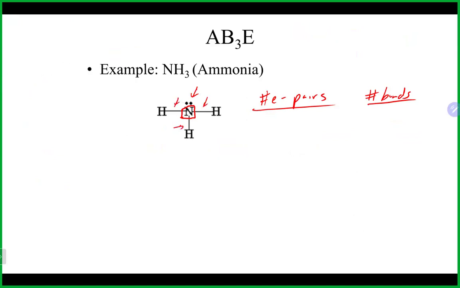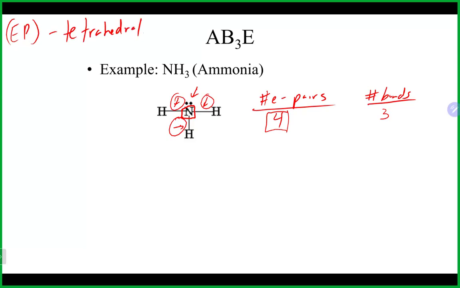Again, it doesn't matter if you're counting dots, lines, double bonds, triple bonds. Everybody counts as 1. So that is 4. And our number of bonds would be 1, 2, and 3, which would be 3. Something with 4 electron pairs is still going to give us an electron pair geometry of what is known as tetrahedral.